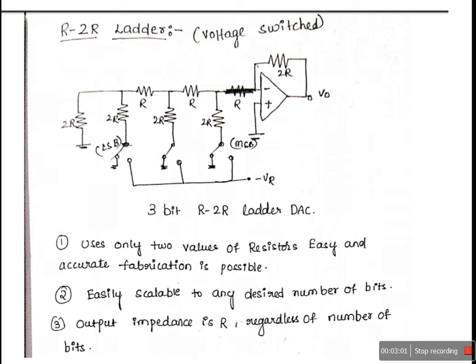In the previous weighted resistor case, depending on the number of bits, each resistor value increases: 2 power 1 R, 2 power 2 R, 2 power 3 R and so on up to 2 power n R. If I want to convert n bits into the corresponding analog voltage, the LSB resistor value must be 2 power n times R. The fabrication of such resistors is quite difficult.